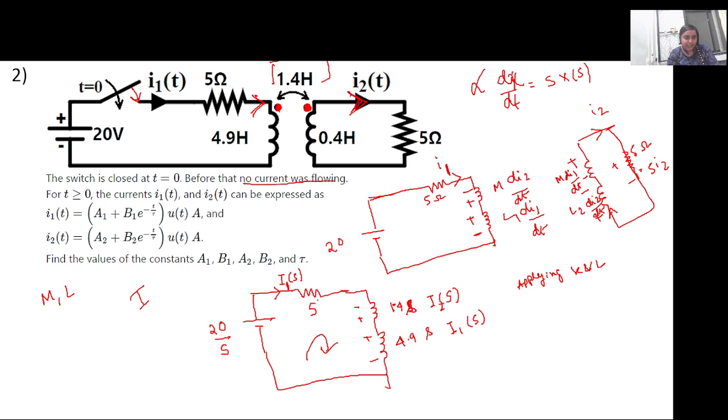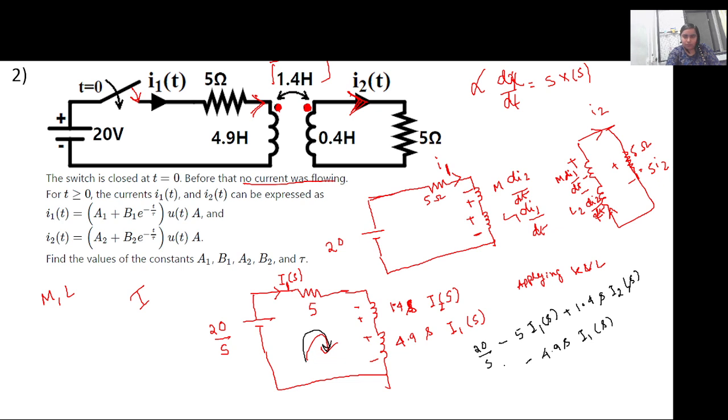So now we apply KVL in this loop. If we go in this direction, it will be 20 by S, then minus 5 I1 of S, plus 1.4 S I2 of S, minus 4.9 S I1 of S. This is fine, right?